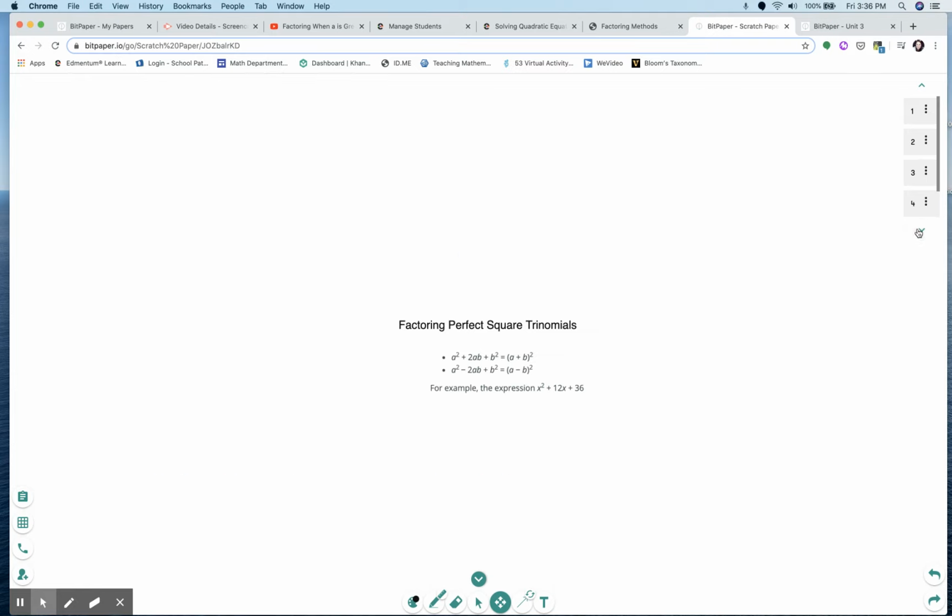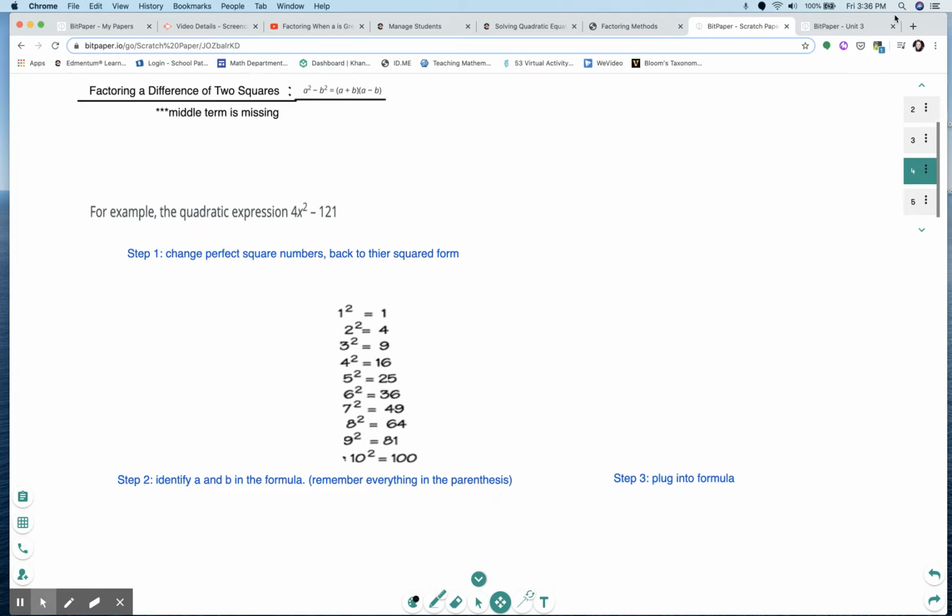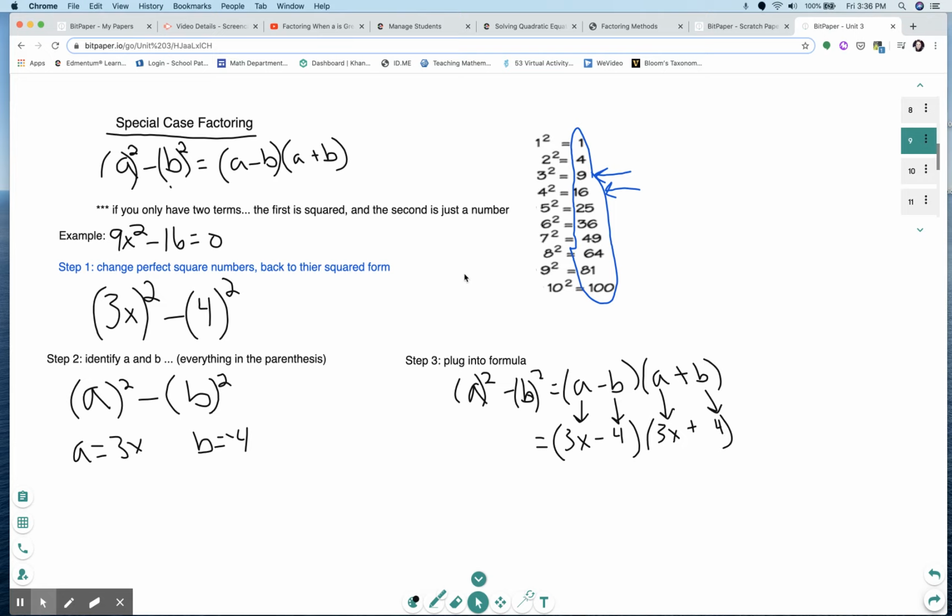Is it page 4? Must be this page. Yeah, here we go. So this is, again, special case factoring, and I have the formula written up above here. And this is the new problem: 9x squared minus 16 equals 0. So we change the perfect squares into numbers.